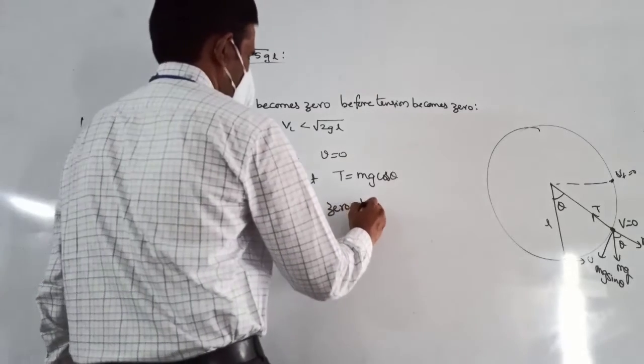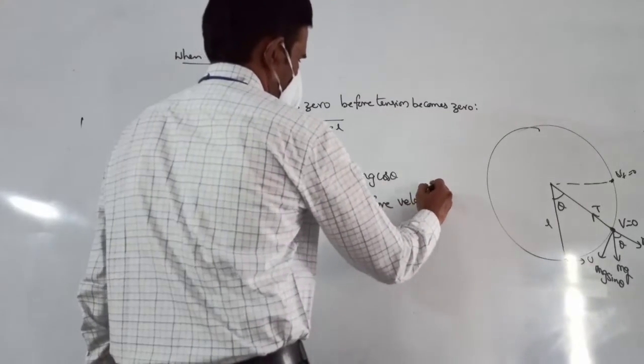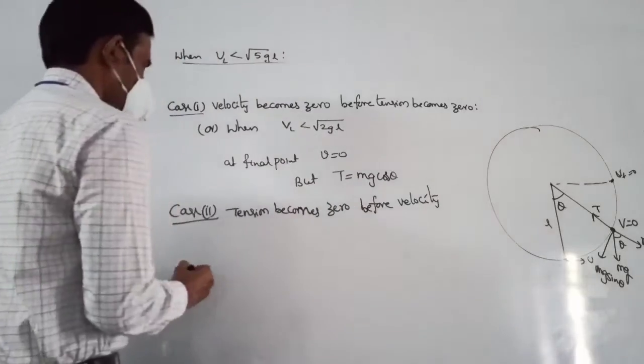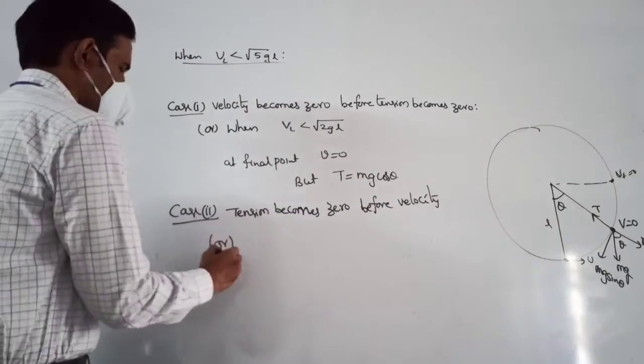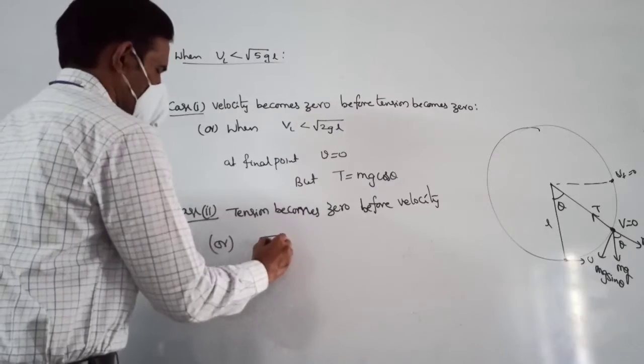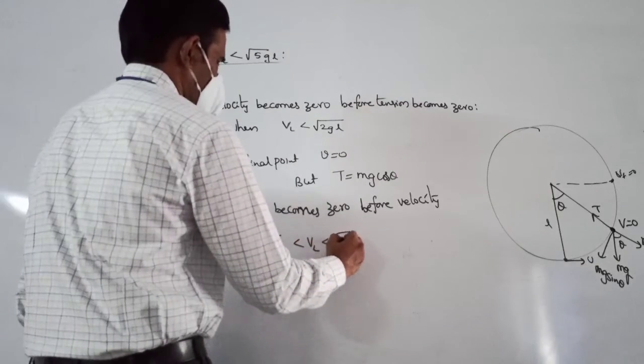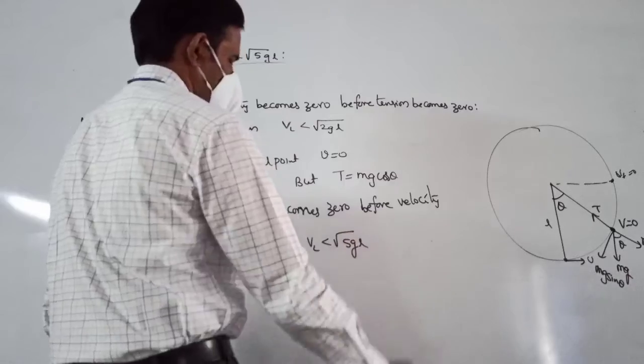Or we can mention that case as root 2gL less than vL less than root 5gL. That means when the velocity of this bob lies between these two values, it is greater than root 2gL but less than root 5gL.